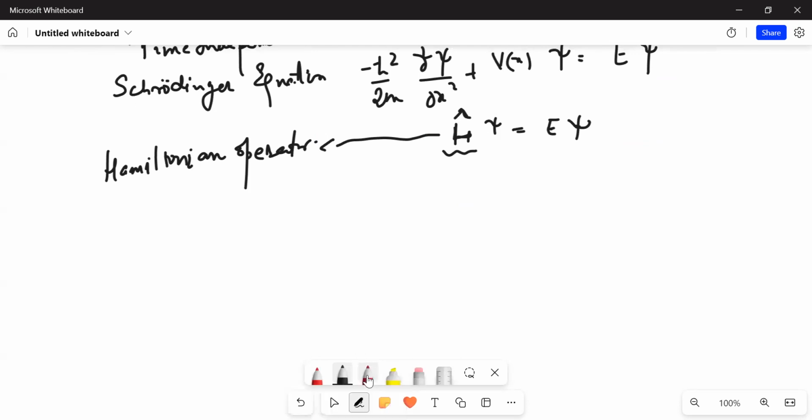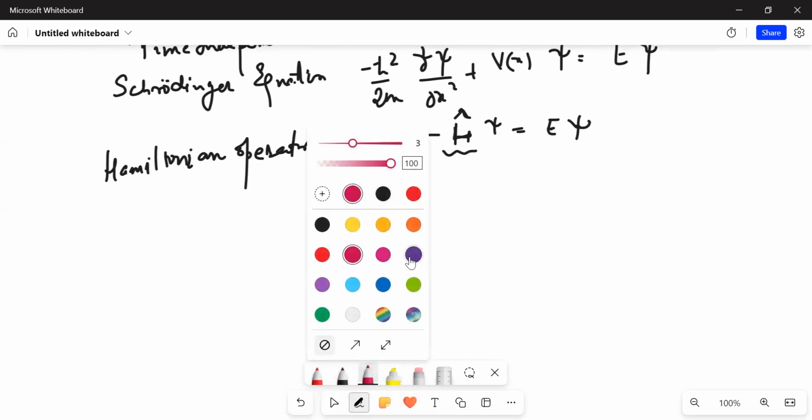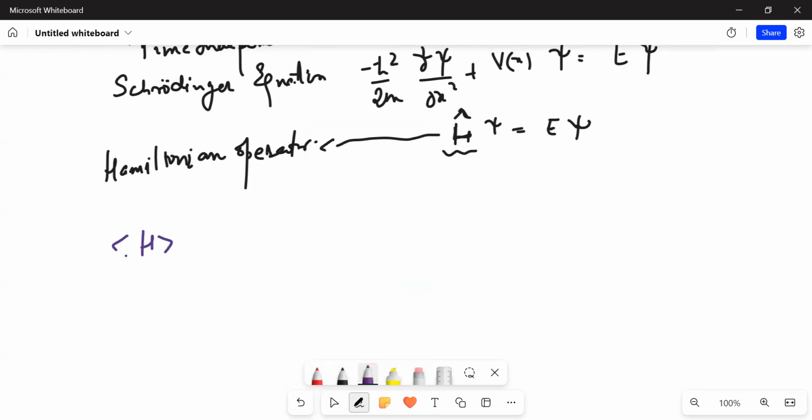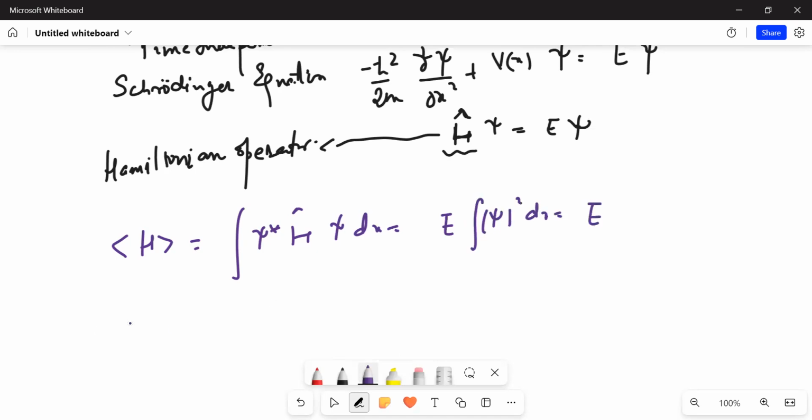I have already stated that, but let me recapitulate for you. If I try to find the expectation value of H, I'll get the integral of ψ star Ĥψ dx, which turns out to be E times the integral of |ψ|² dx, and is simply equal to E. And had I found ⟨H²⟩, this expectation value turns out to be E².